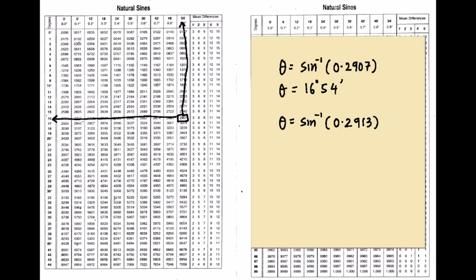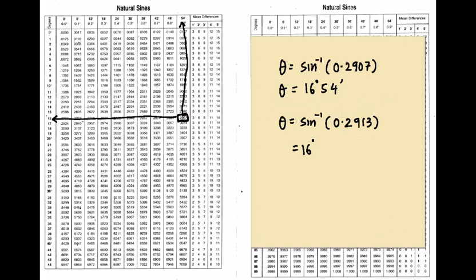In this case, we'll try to find a number which is as close to 0.2913 as possible, and what I find is 2907, which is very close to 0.2913, but it is not exactly 0.2913. So of course I will look at this corresponding degree, that turns out to be 16 degree. But now look what I'm going to do.